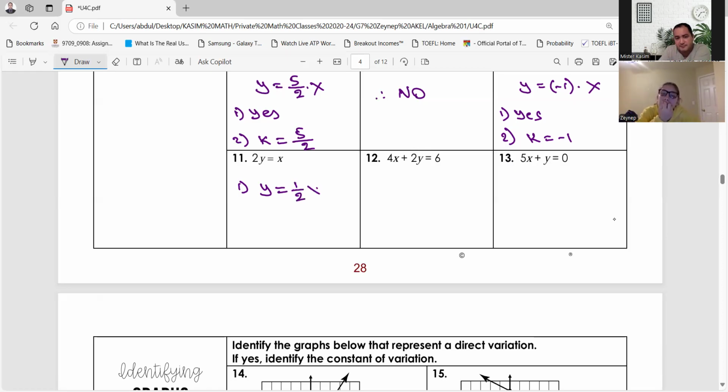If you move it to the other side, it will be divided, right? It's multiplied. 2 times 5 is equal to what? 10, right? So if I move it to the right-hand side, then 5 will be equal to 10 divided by 2, right?